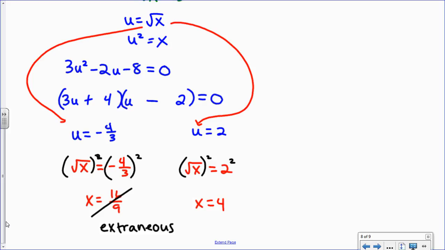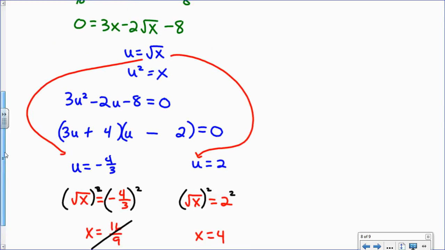So there's not a plus or minus here. The radical's already there, so this would have to be positive. The domain of square root of x has to be greater than or equal to 0. So that's why it can't equal a negative. But that might be hard for some of you to see. So if you plug it back in, you'll see that it doesn't work.